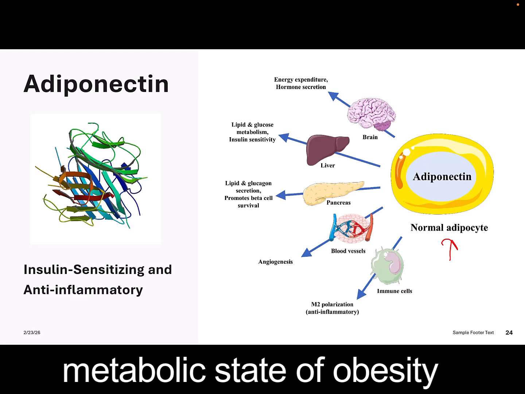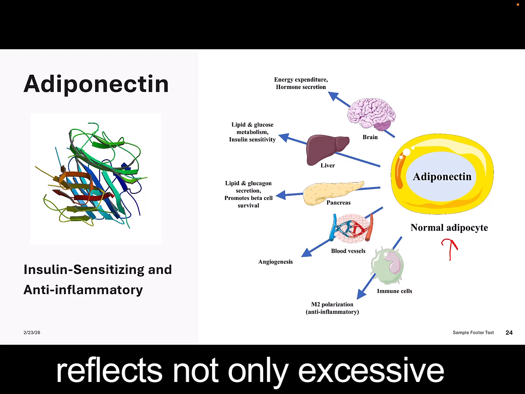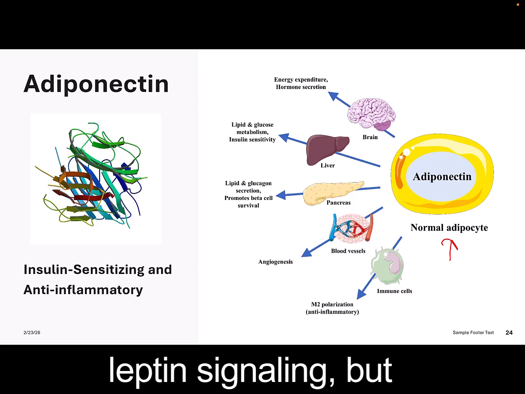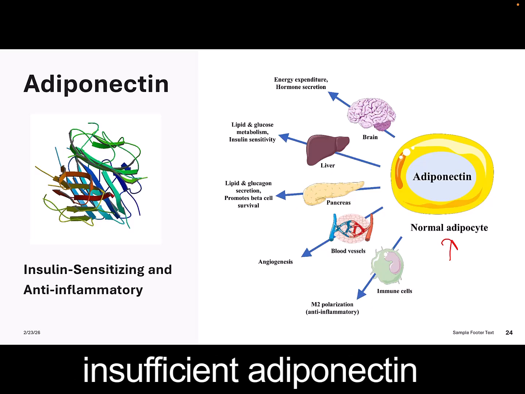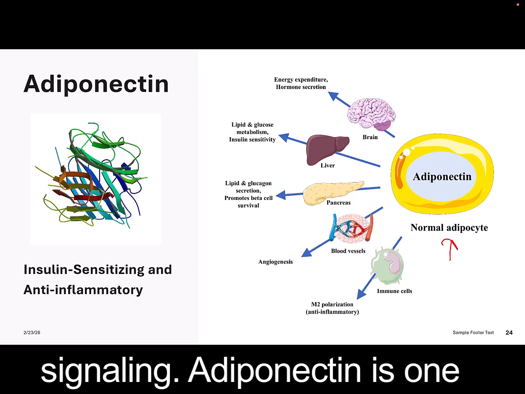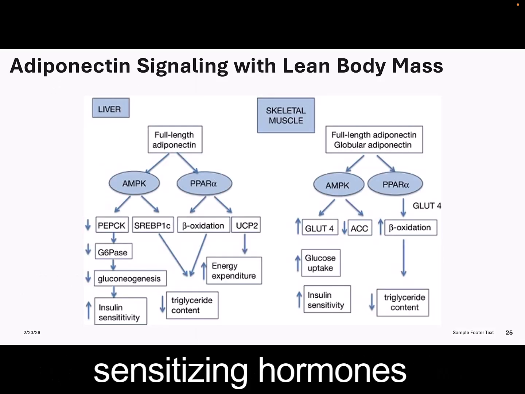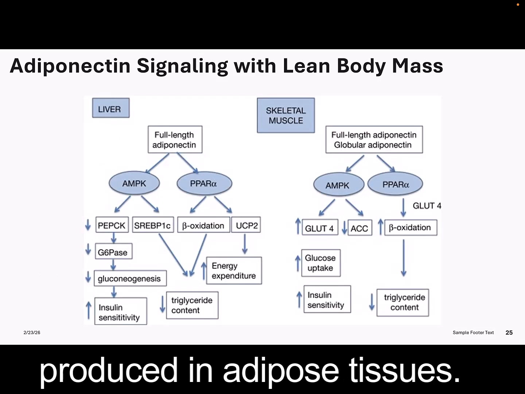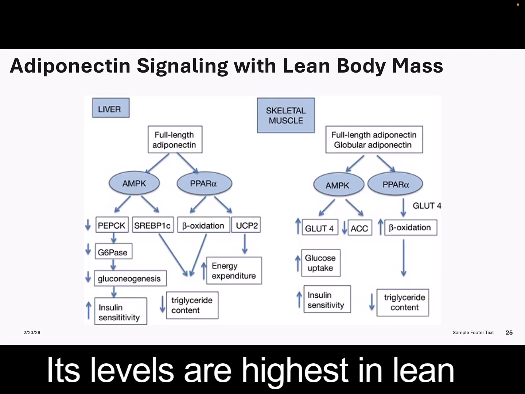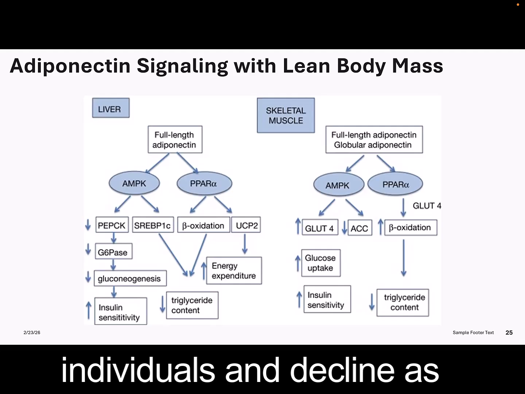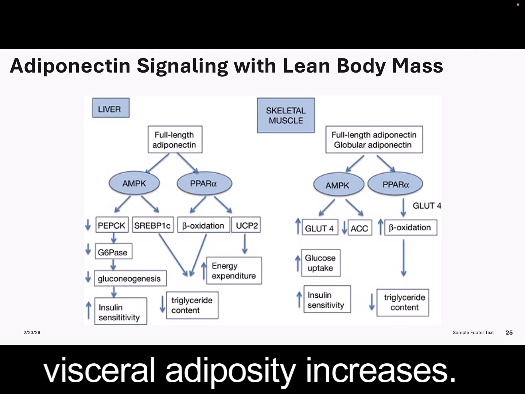In many ways, the metabolic state of obesity reflects not only excessive leptin signaling, but insufficient adiponectin signaling. Adiponectin is one of the most important insulin sensitizing hormones produced in adipose tissues. Its levels are highest in lean individuals and decline as visceral adiposity increases.